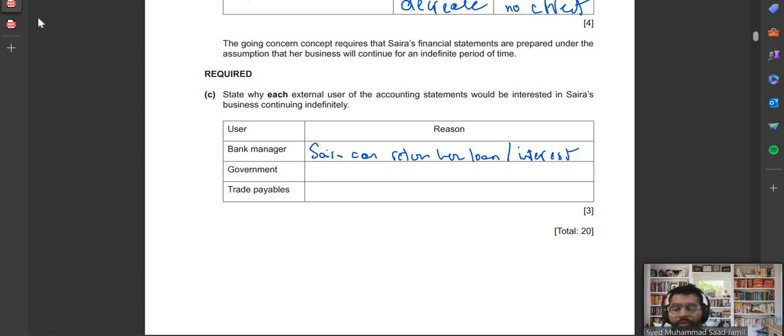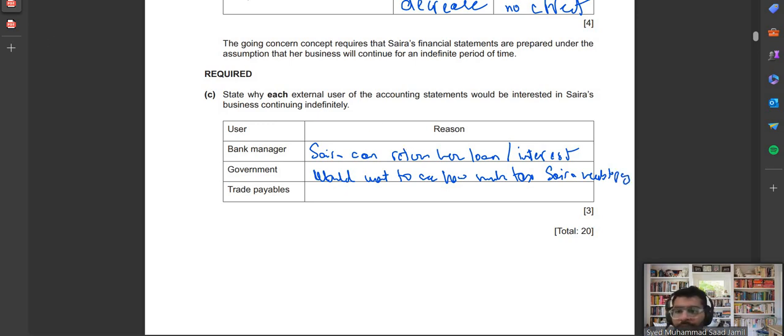Now moving on to the government, why would the government be interested in this? So the government's only concern is tax. So the government would want to see how much tax Syra needs to pay.